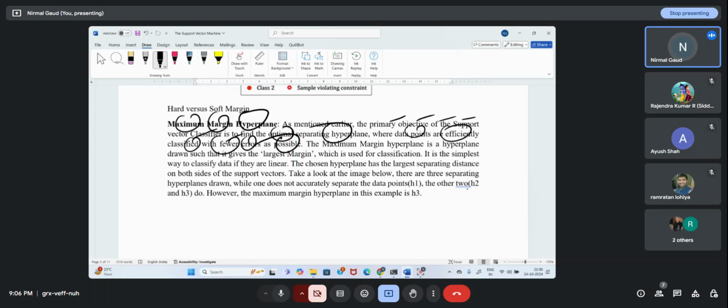See, error can be there, misclassification can be there, but few. Few mistakes I can afford, but not more. So the maximum margin hyperplane is a hyperplane drawn that gives the largest margin, which can be used for classification.